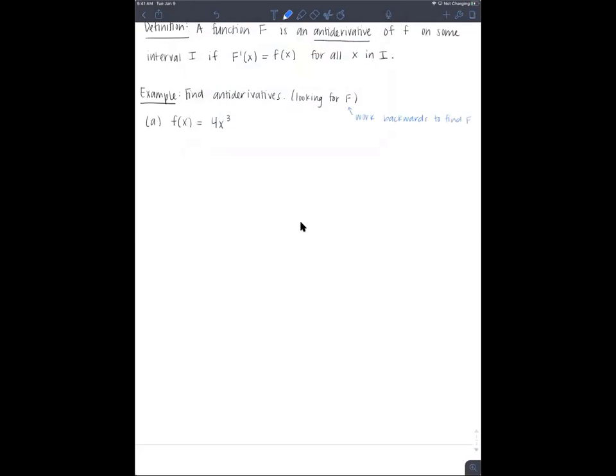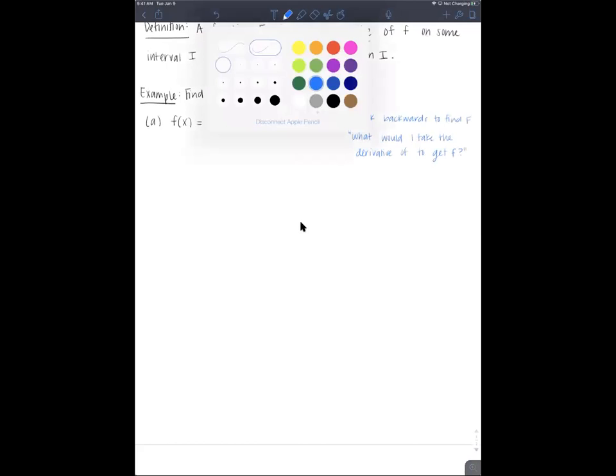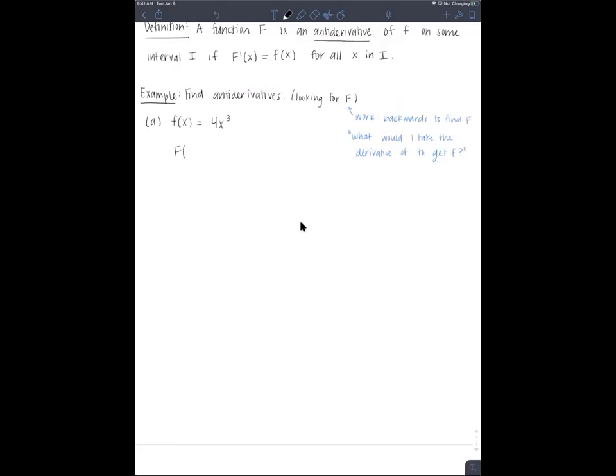And so you would essentially ask yourself, what would I take the derivative of to get little f? Right, so here, big F, so if little f is 4x cubed, what did I have to take the derivative of to get this as my derivative?